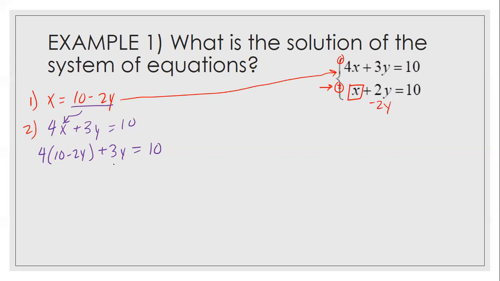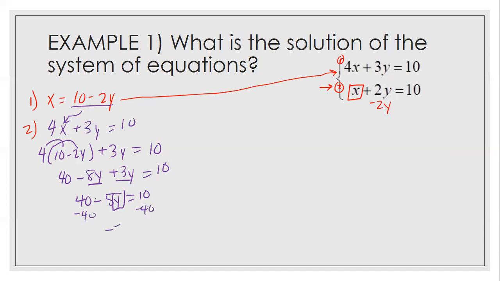And now we're going to solve for y. So I'm going to distribute. 4 times 10 is 40. 4 times negative 2 is negative 8y, plus 3y equals 10. Combine like terms. We get 40 minus 5y equals 10. Isolate the variable. So I'm going to subtract 40.